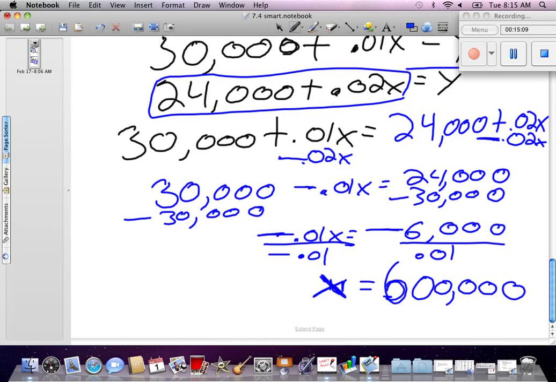Remember, my last step is I've got to plug it in to find y. I'm just going to do it to the first one. So I'm taking 30,000 plus 0.01 times 600,000 equals y.